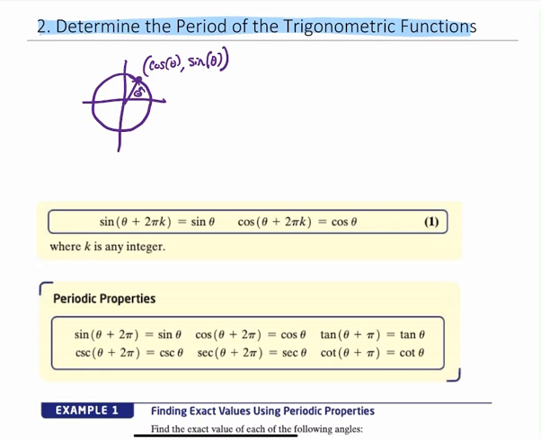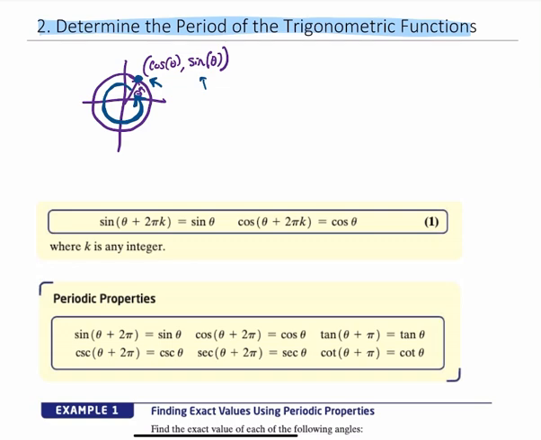And recall that any angle that's coterminal to this, so let's imagine that we take this angle but then add 2 pi or 360 degrees, so we rotate all the way around, we would land on this same point. That means that whatever our original angle is, and that angle plus another 360 degrees or plus 2 pi, the trig functions evaluated at those two different angles will be exactly the same.